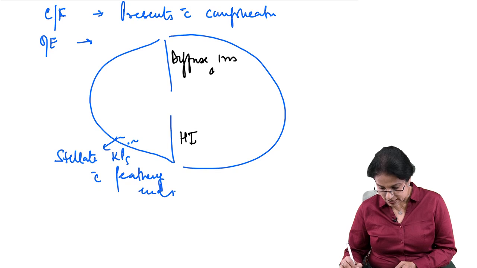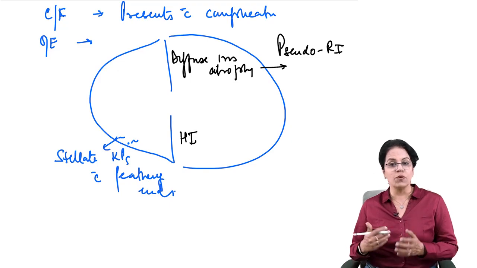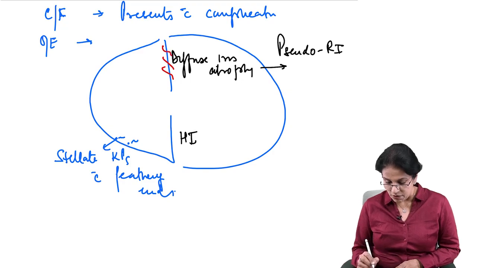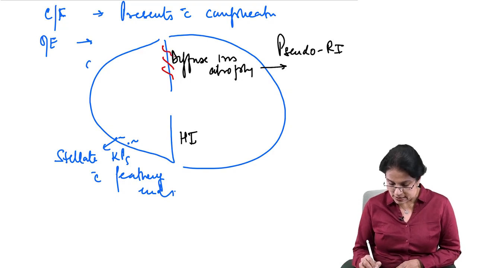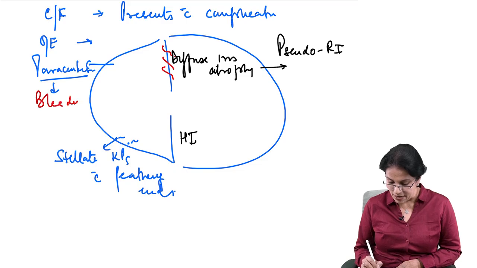This diffuse iris atrophy can lead to pseudo-rubeosis iritis. I talked to you about it. That is exposed blood vessels. Because these blood vessels are exposed, whenever we do a paracentesis from one angle, we can get bleeding from these exposed blood vessels. This bleeding is what is called Amsler's sign, right? This is important. We call it Amsler's sign.